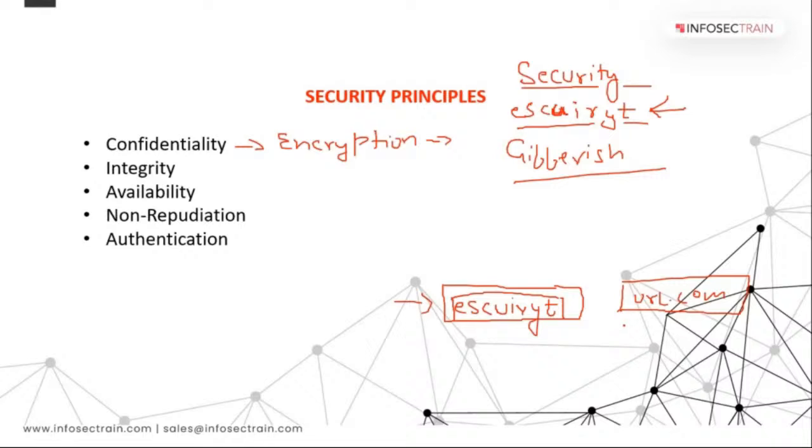So that is your integrity not being maintained. The attacker is able to change the things inside your data, inside your message. Now if he is able to do that, integrity is not maintained. So what is integrity, guys? Integrity means keeping organizational information accurate, free of errors and without any modification.